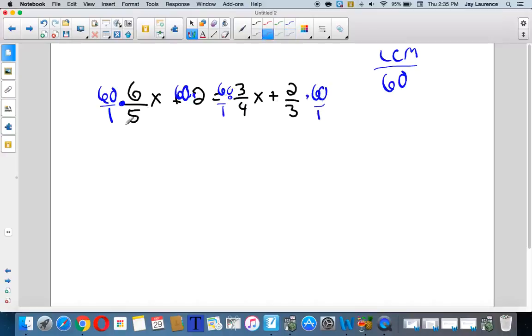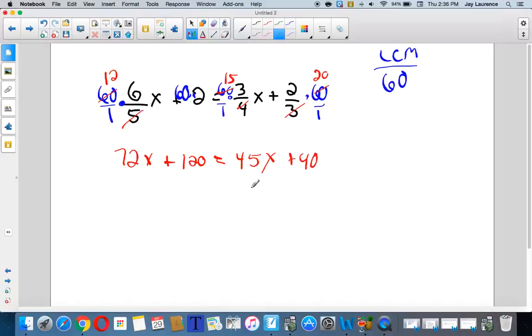All right, so 5 is going into 60 12 times. 12 times 6 is 72, 72x. This is 120. 4 goes into 60 15 times. So I'll get an equal sign. I'll get a 45x. And I think that'll be plus 40.